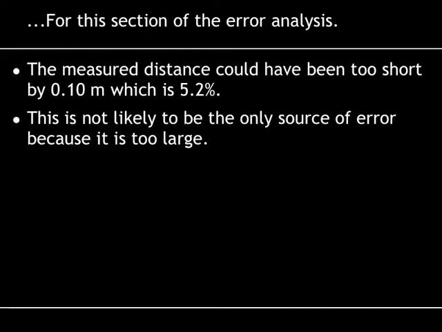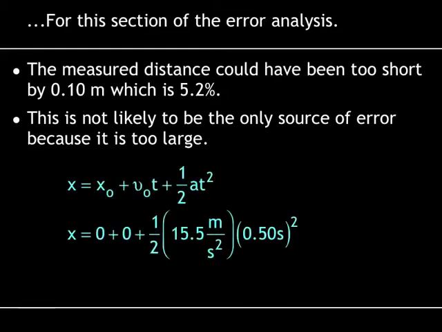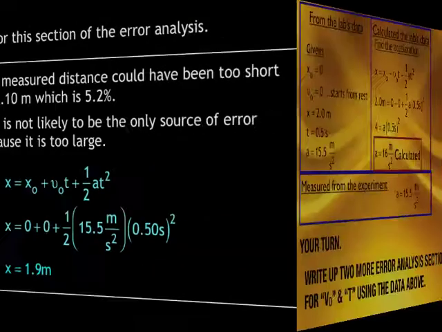This is not likely to be my only source of error because I didn't mismeasure by 10 centimeters. That's huge, and that's a huge error for the sig figs. And then I'll show some calculations about where I came up with that measurement that's different from the original 2 meters. And that's what I showed for my error analysis section.